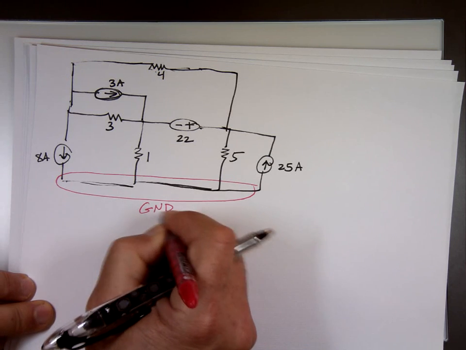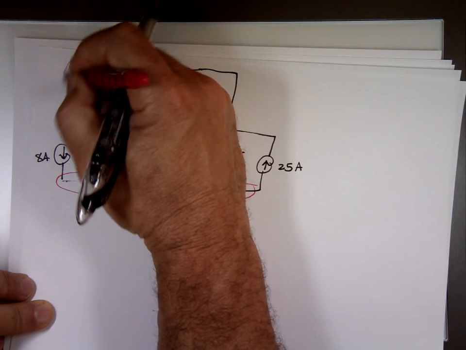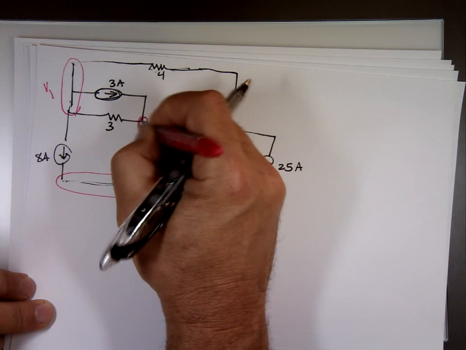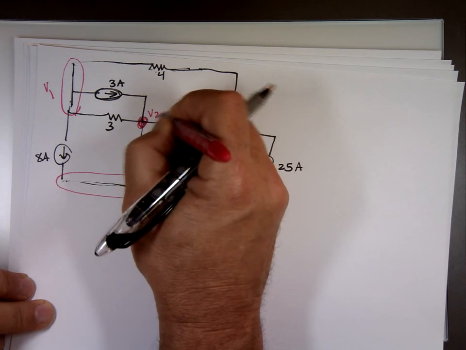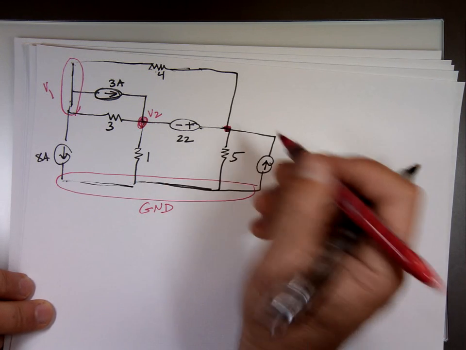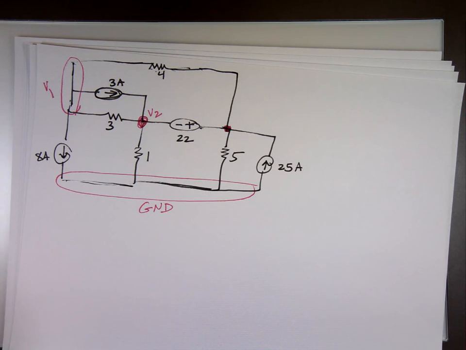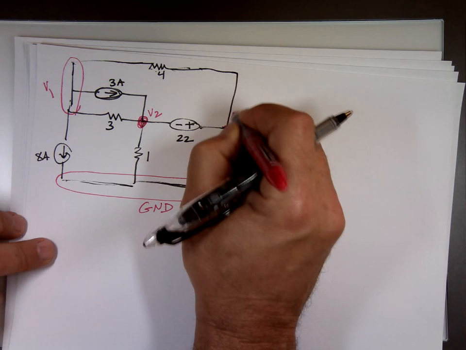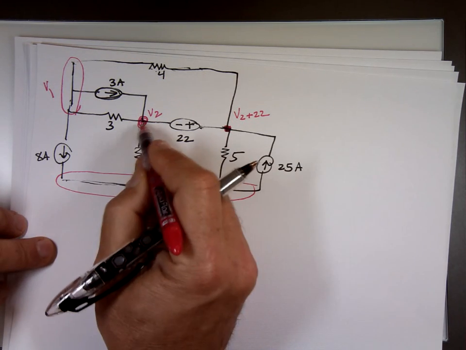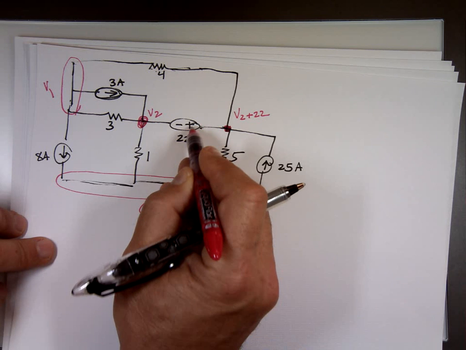This is V1 just like before. We said this is V2. And this one is not going to be V3. It's going to be what? V2 plus 22. Whatever this voltage is, add to it, because this end is higher than that, add to it 22 volts.